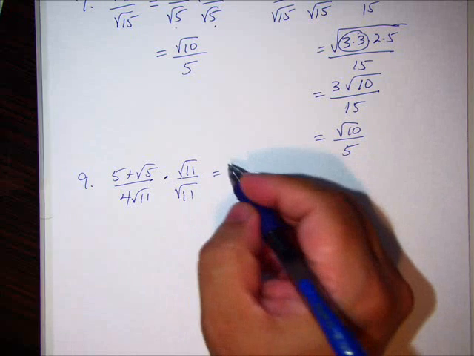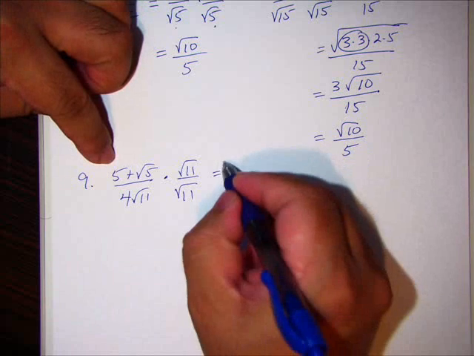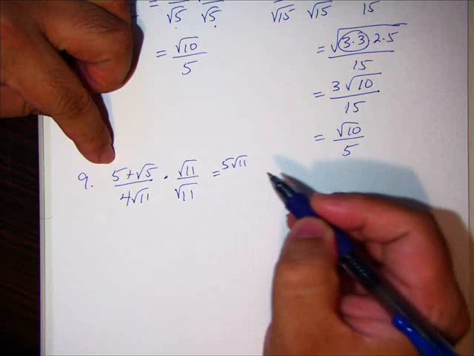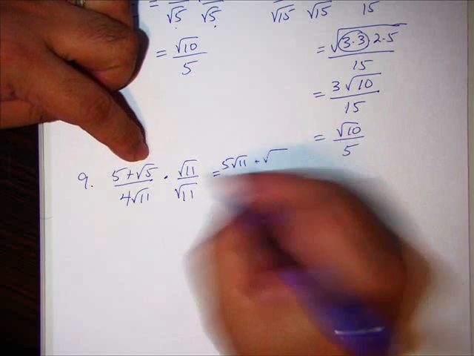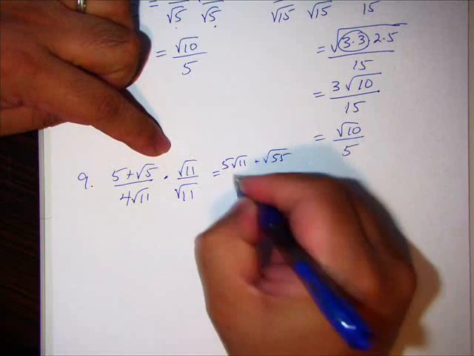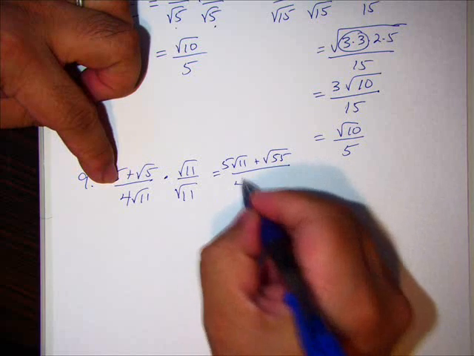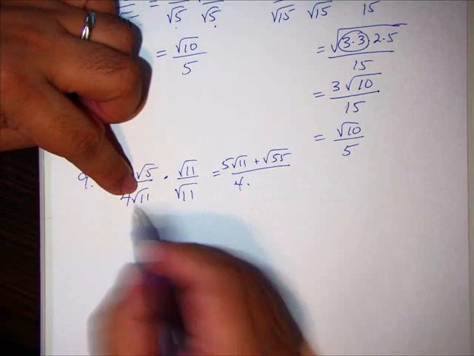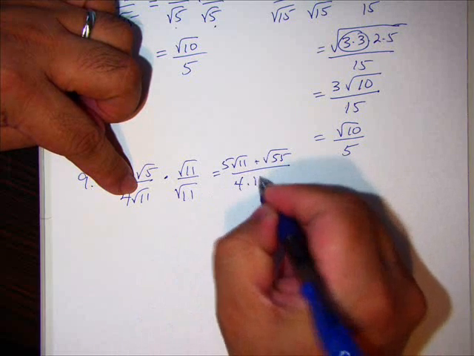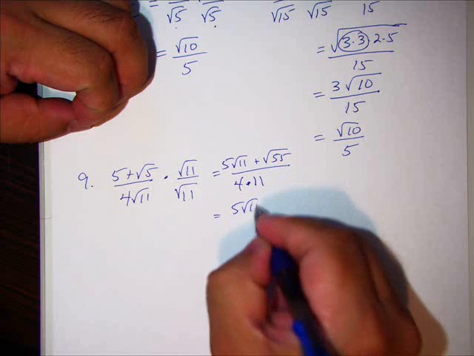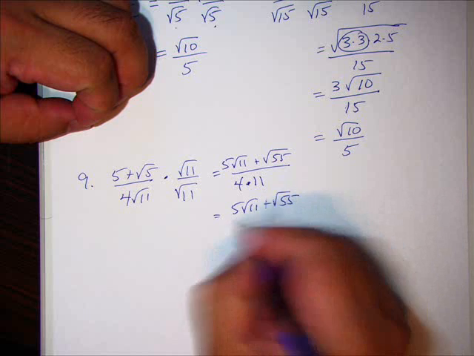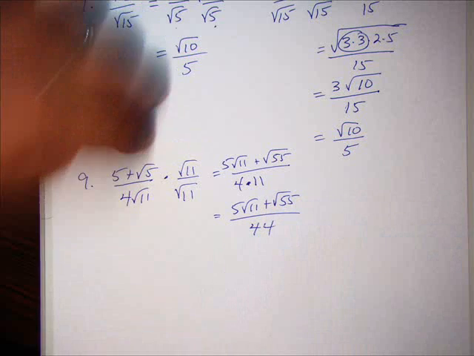That's going to give me, here, 5 is not in a radical, so it just multiplies: 5 root 11. This 5 is in the radical, so it multiplies 5 and 11, making it 55. Here, remember, square root of 11 times square root of 11 is 11. So it's 4 times 11 here, making it 44.